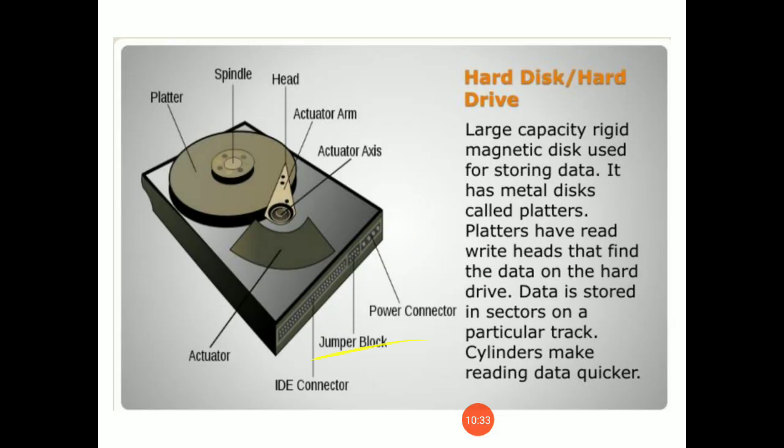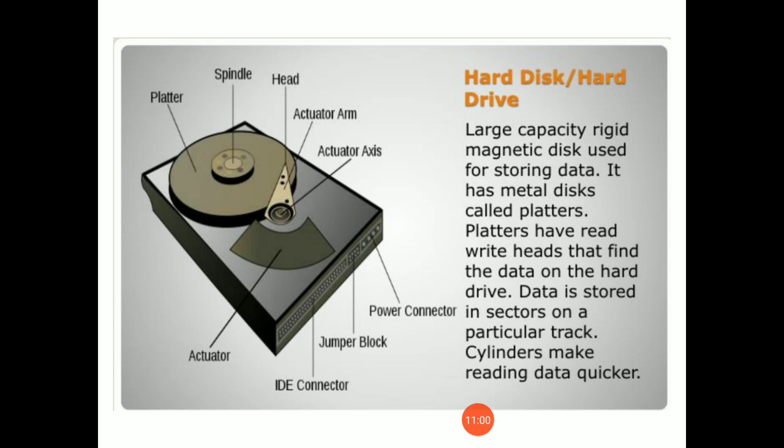Now, what happens during a read operation? During a read operation, the magnetized surface of the disk passes under the read or write head. Due to the movement of the magnetized disk surface relative to the coil of the read or write head, electric pulses are generated across the coil.